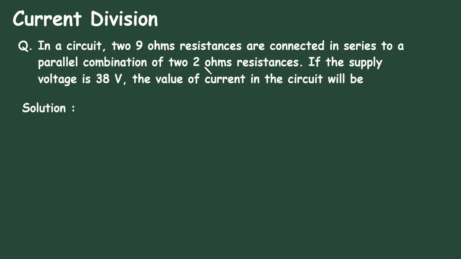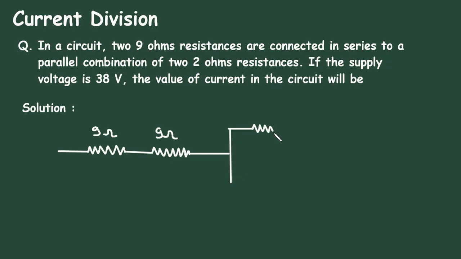Current division. Question: a voltage source and two resistors are connected in parallel as in the given circuit. Suppose that Vs is equal to 150 volt, R1 is equal to 50 ohm and R2 is equal to 25 ohm. Find the currents I1 and I2 in each resistor.